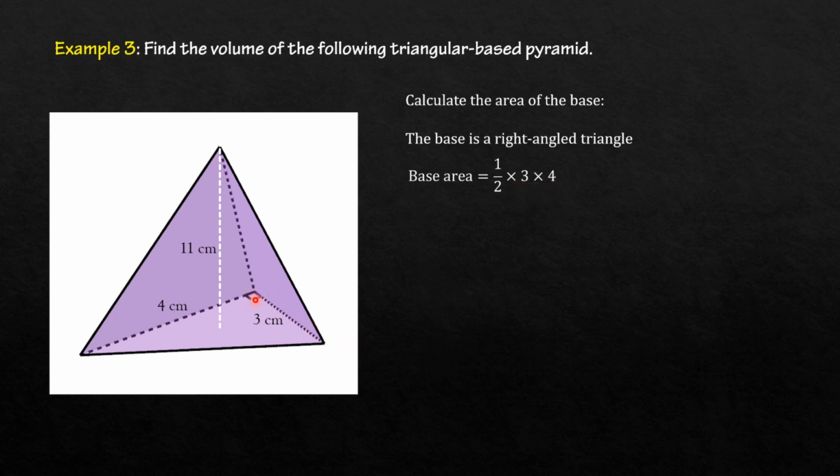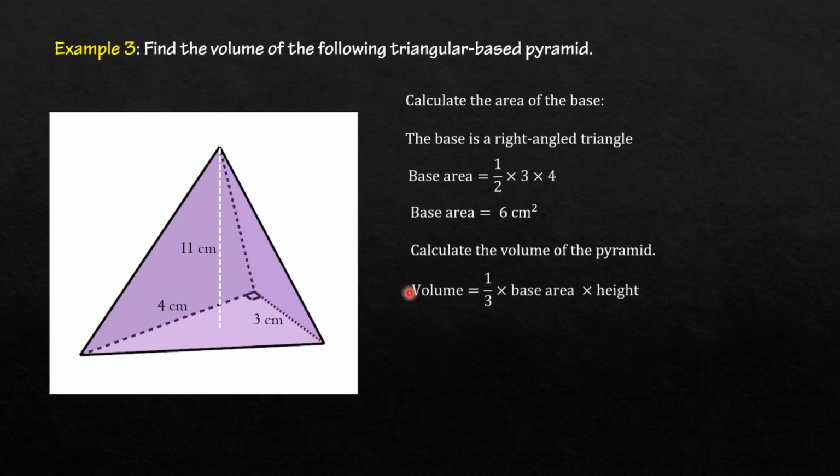So in this case, we'll put 3 as the base and 4 is the height of that triangle. So the base area is 6 square centimeters. Now we'll calculate the volume of the pyramid. Write your formula again, 1/3 base area times height. Substitute your numbers. 1/3, the base area we calculated as 6, the height is 11, and the volume is 22 cubic centimeters.